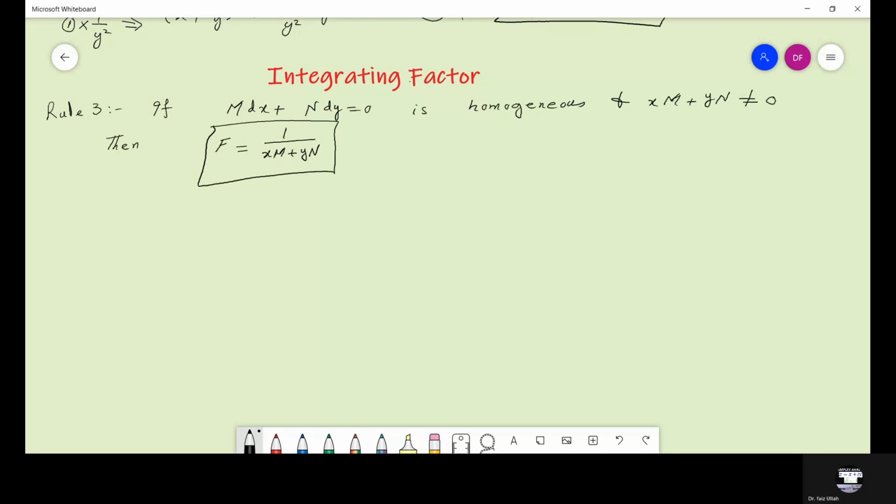That will be the required integrating factor for this problem.